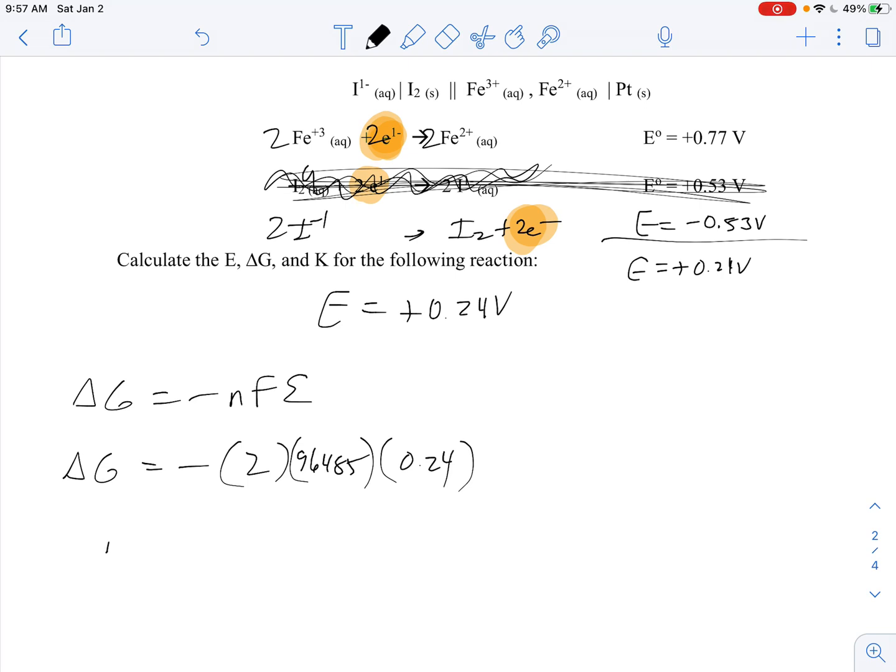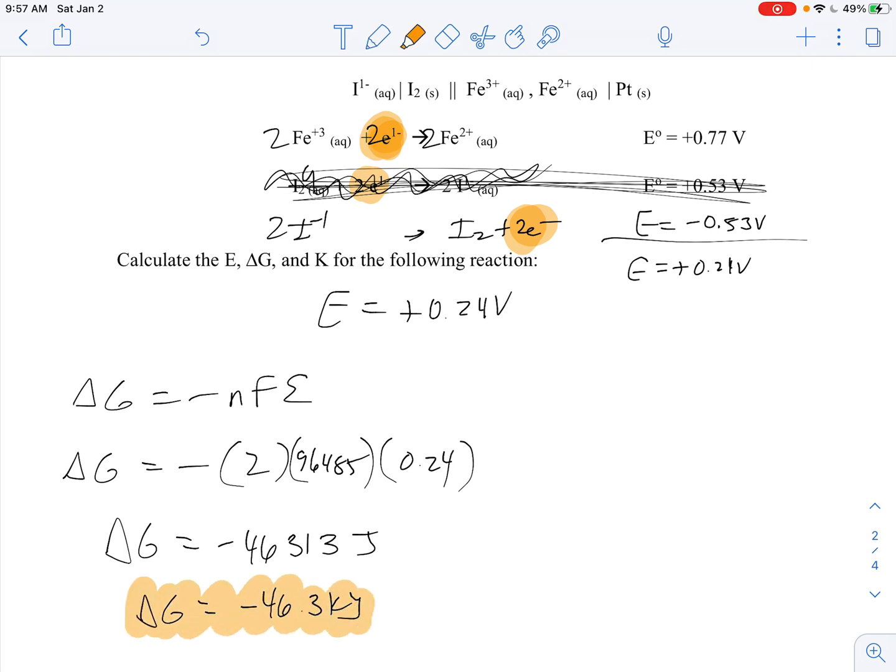So I've got 0.24 times 96,485 times 2, which gets me a delta G of negative 46,313 joules, or negative 46.3 kilojoules, which makes sense because it's thermodynamically favorable because of that negative delta G and because I have a positive E. Positive E's are batteries. They are spontaneous. They are thermodynamically favorable. They just go. So if you were to hook this up, it would just go.